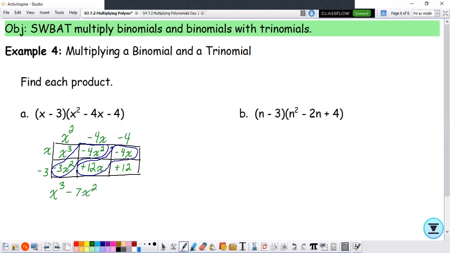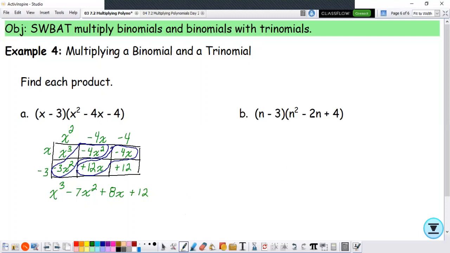Negative 4x plus 12x is plus 8x, plus 12. And that is going to be the product of x minus 3 times x squared minus 4x minus 4.